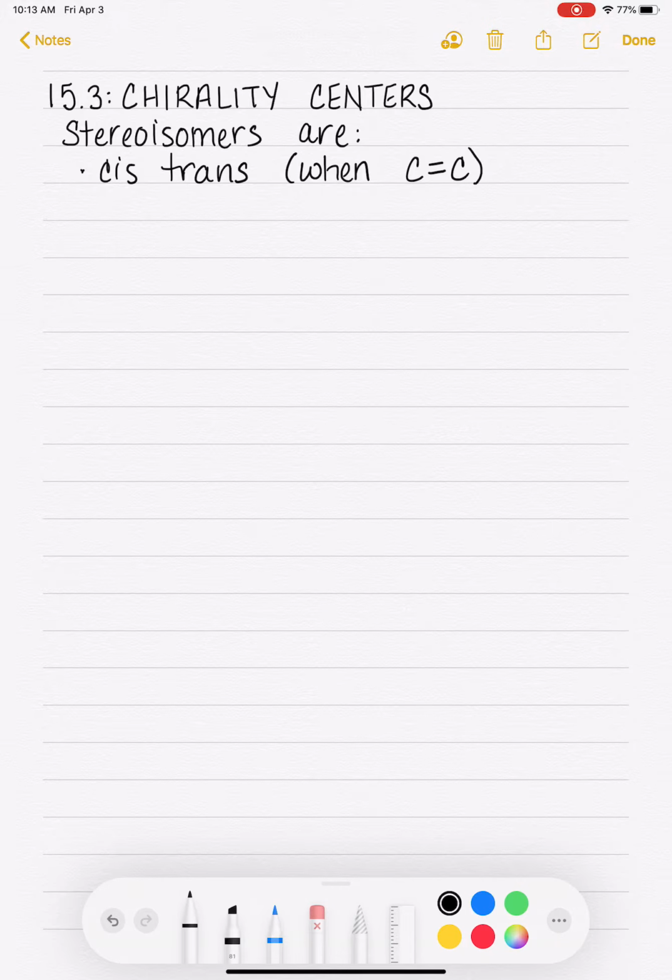So when we see a structure that has a carbon-carbon double bond in it, we're like, oh hey, maybe that's a cis molecule, or maybe that's a trans molecule. Let's see if we can identify it. What about enantiomers, the mirror images?